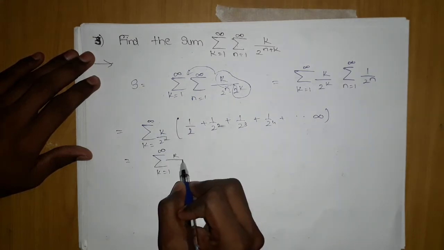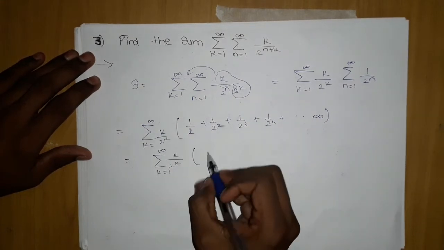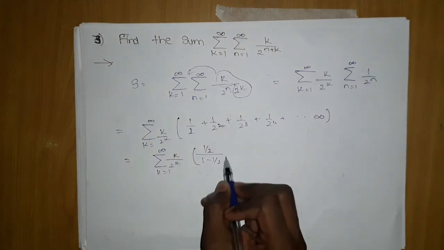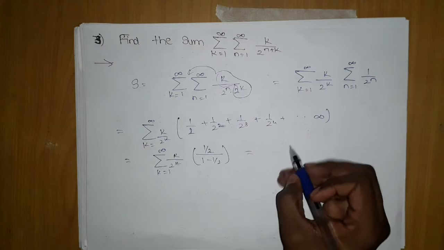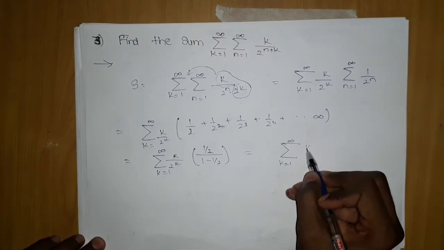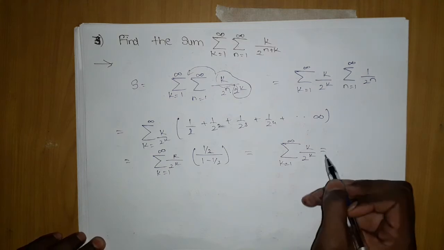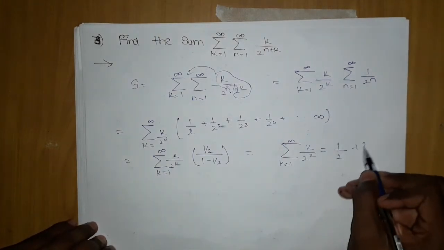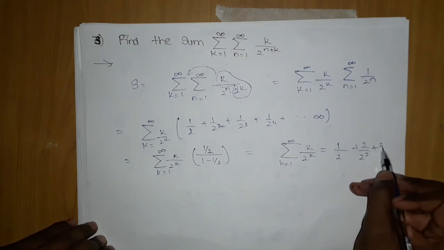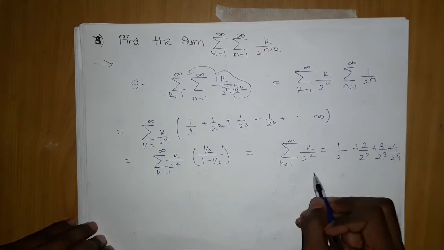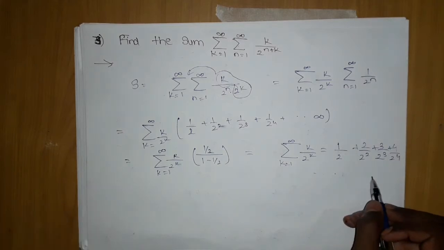This is nothing but 1 by 2 upon 1 minus 1 by 2, which gives you 1. So we are left with only this thing, sum over k equals 1 to infinity of k upon 2 power k. If I open this, we have 1 upon 2 power 1, 2 upon 2 power 2, 3 upon 2 power 3, and 4 upon 2 power 4, and so on until infinity.